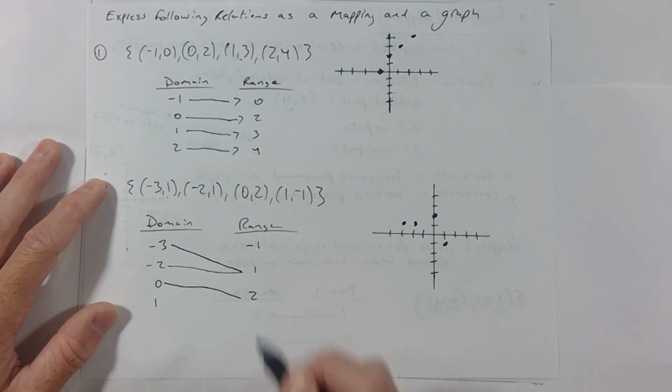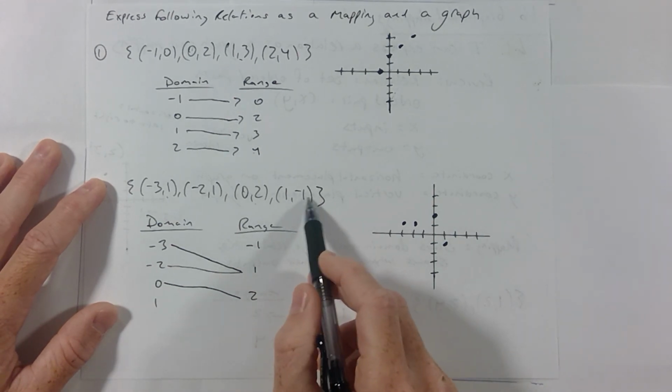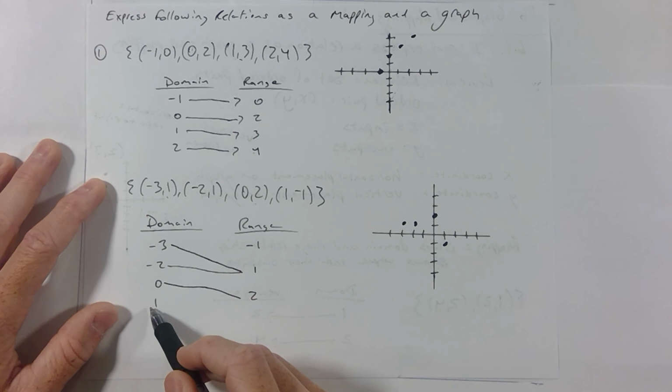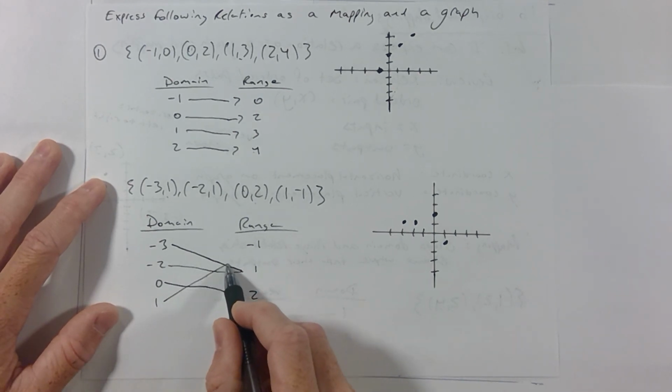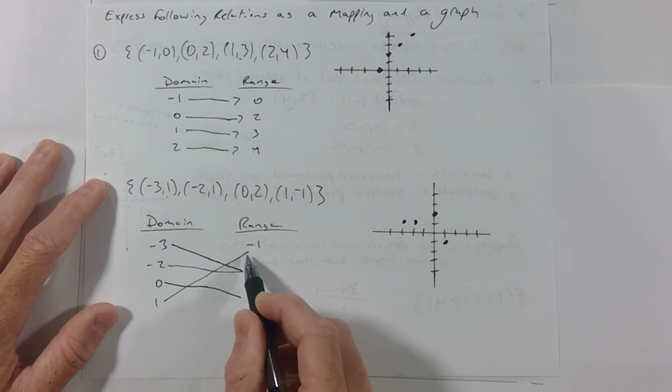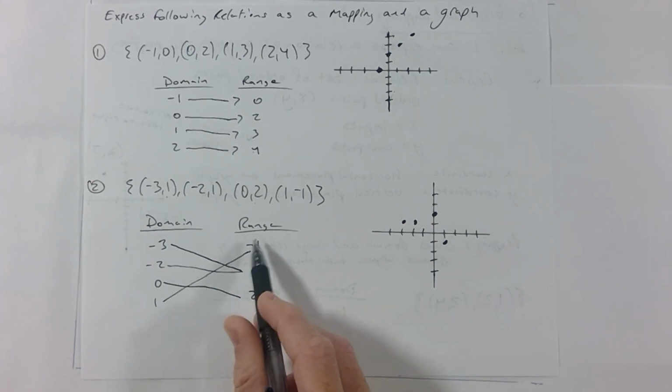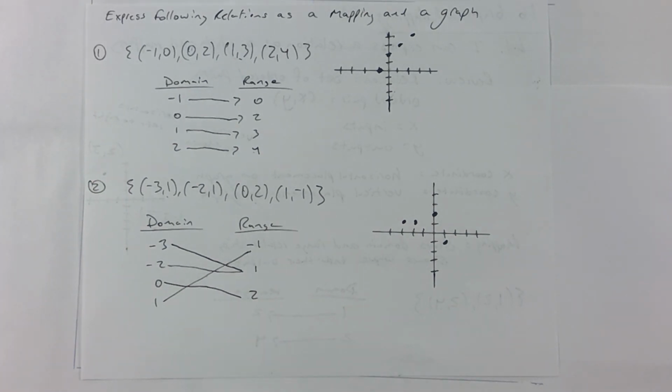So I plug in 0, I get 2. And if I plug in 1, I get -1. So input to output, this 1, it's going to go up here. It's going to crisscross these lines. It's not a big deal, but you got to make sure you do that. So 1 goes to -1. That is expressing relations as mappings and graphs, okay? So we're kind of building off of the domains and ranges that we learned the other day.